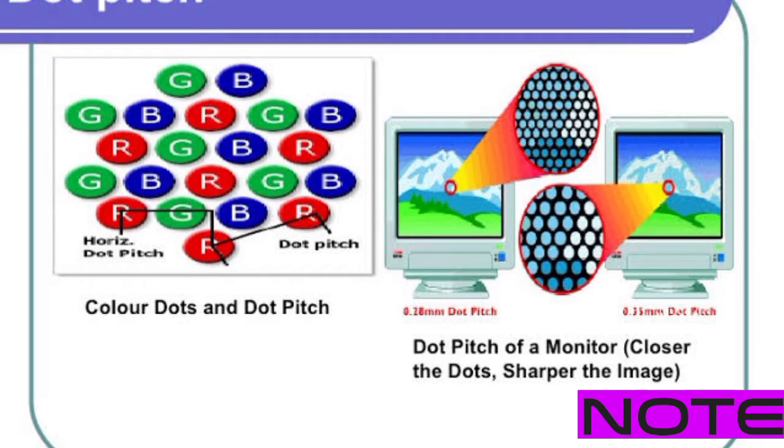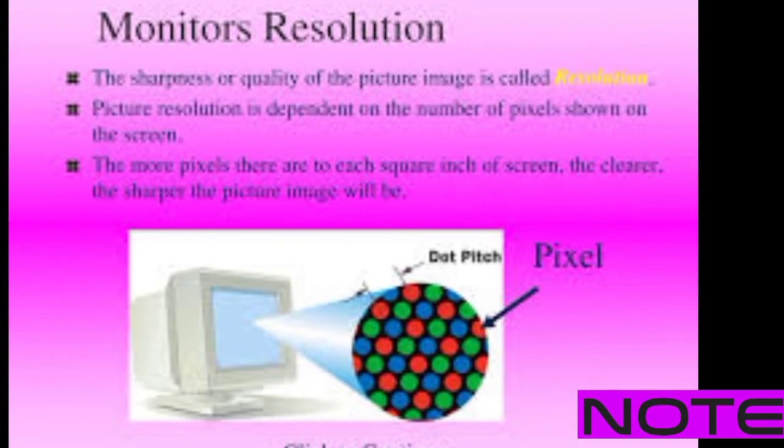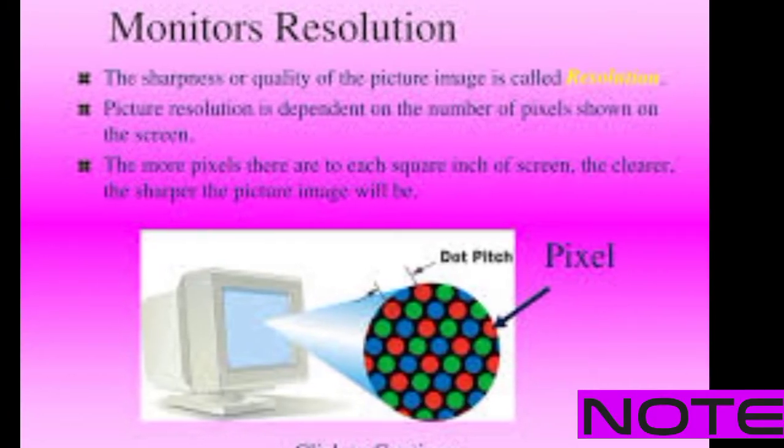The basic components of a cathode ray tube, or CRT, monitor are the electron gun, focusing system, horizontal and vertical deflection system, and a phosphor coated screen.